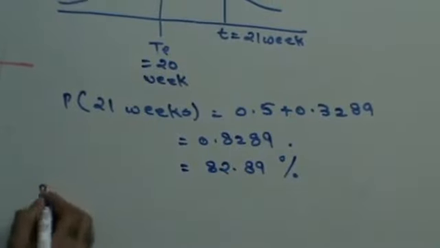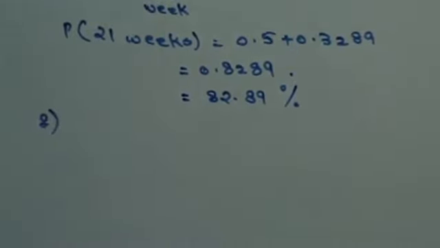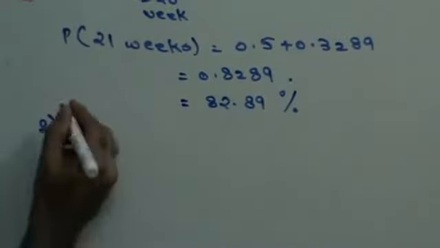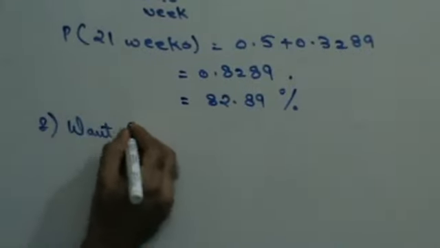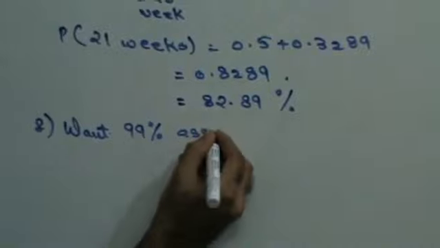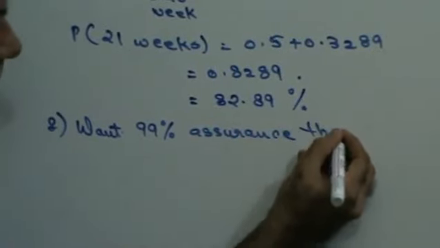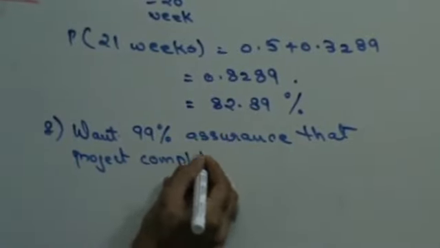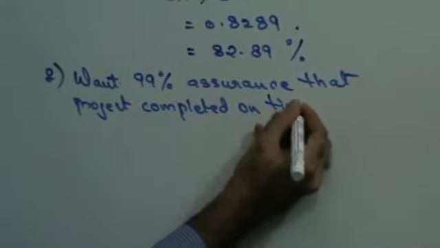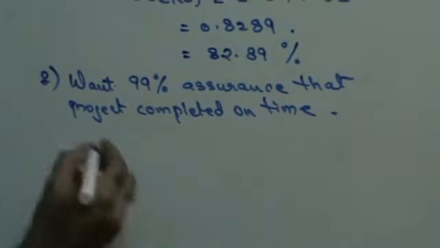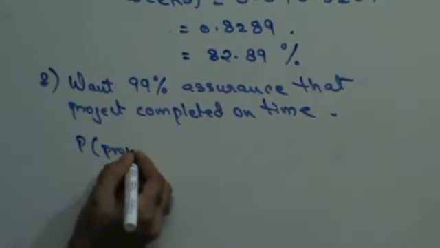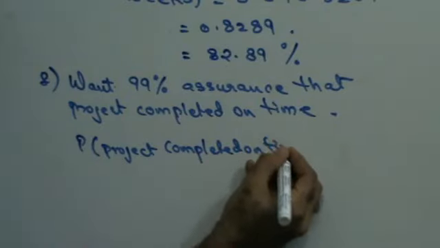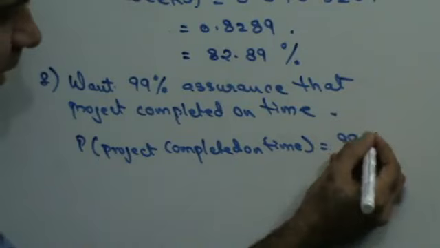Next, let's see another part of the question. You want 99% assurance that the project will be completed on time. That means my probability that the project is completed on time is 99%.